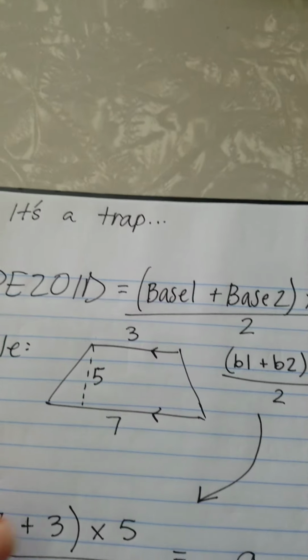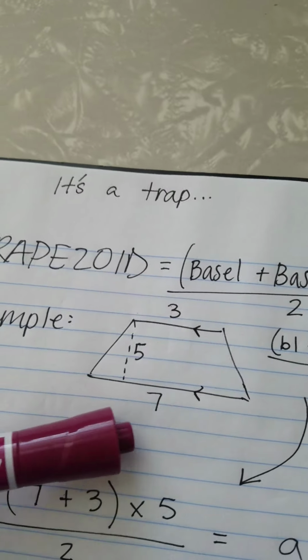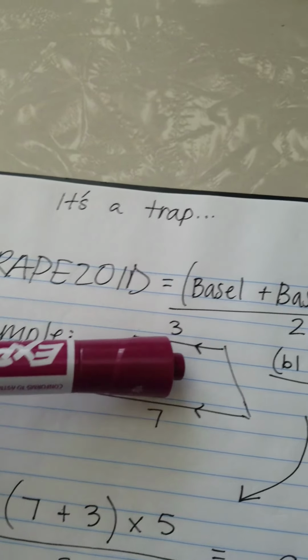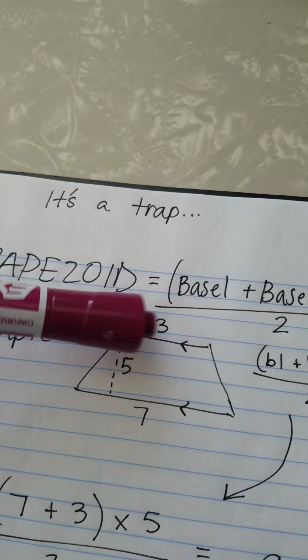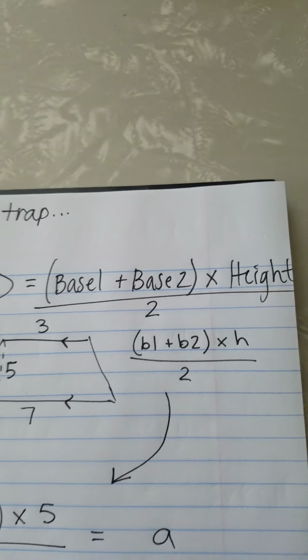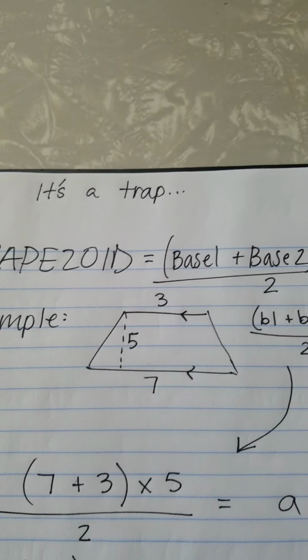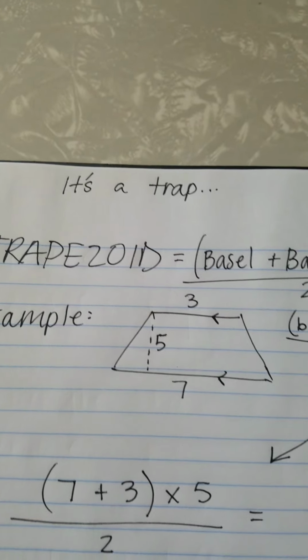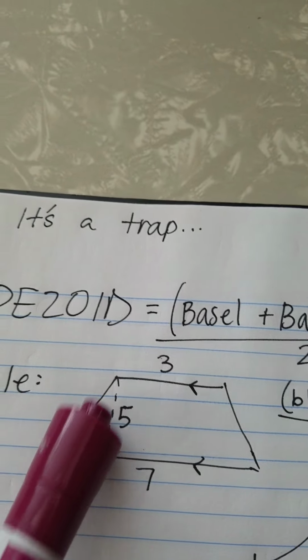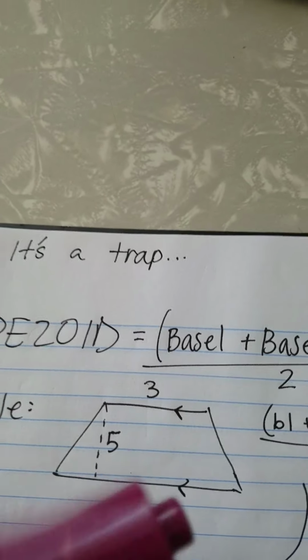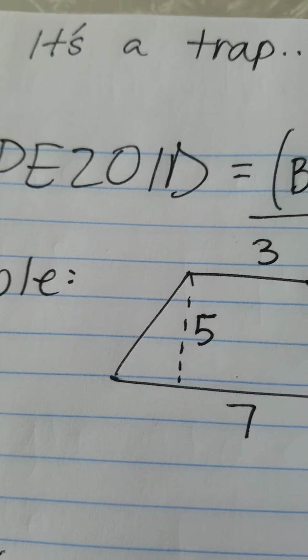Well, it's the two lines that are parallel, and usually they'll have these little arrows to show you which two lines are parallel to each other. So you add those two numbers. So in this instance, I had 7 and 3. The height is this little dotted line that touches the base to the top, which was 5.